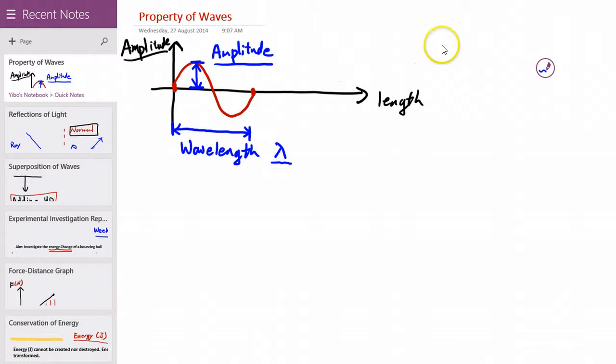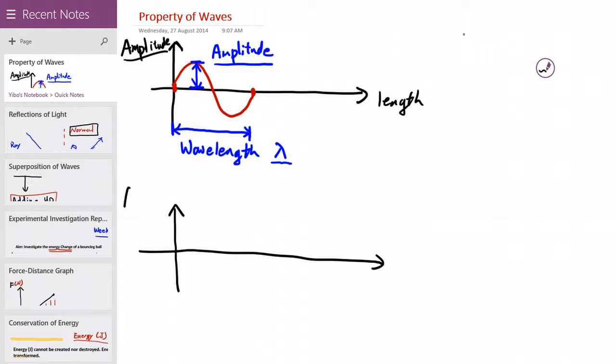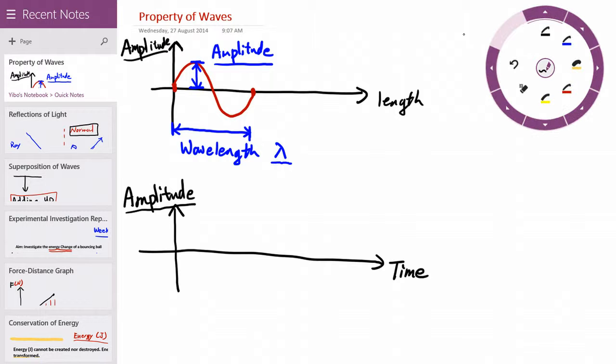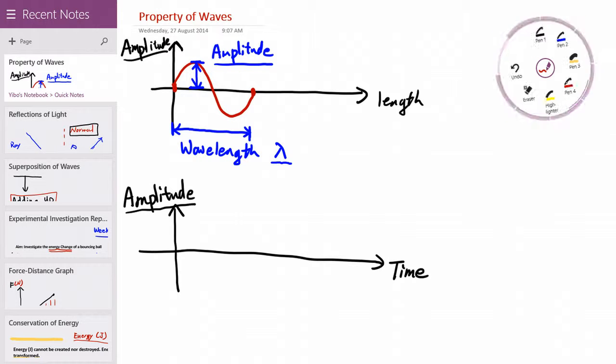Now, the other way to sketch the wave will be similar, but very different. On the other graph of the same wave, just remember I am sketching the same wave. I have the amplitude as the y-axis. On the x-axis, I have time. Again, I will have a sine wave.